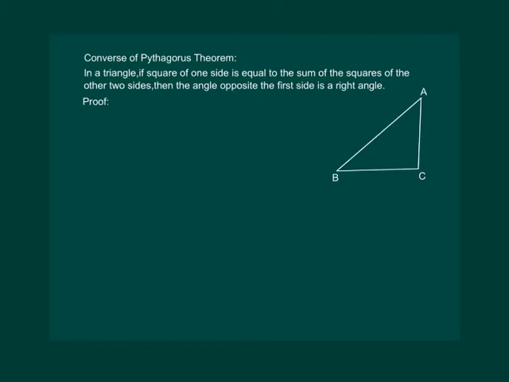Here we are given a triangle ABC in which AC square is equal to AB square plus BC square, and we are required to prove that angle B is 90 degrees.